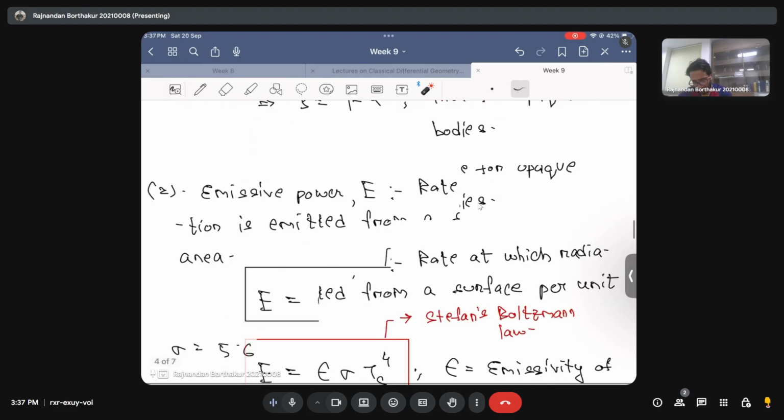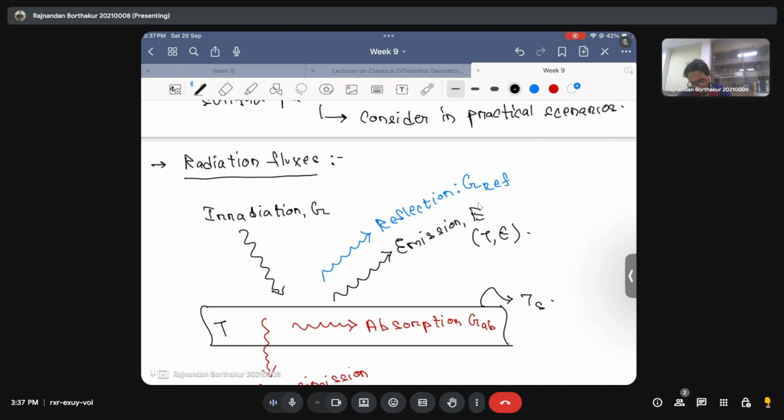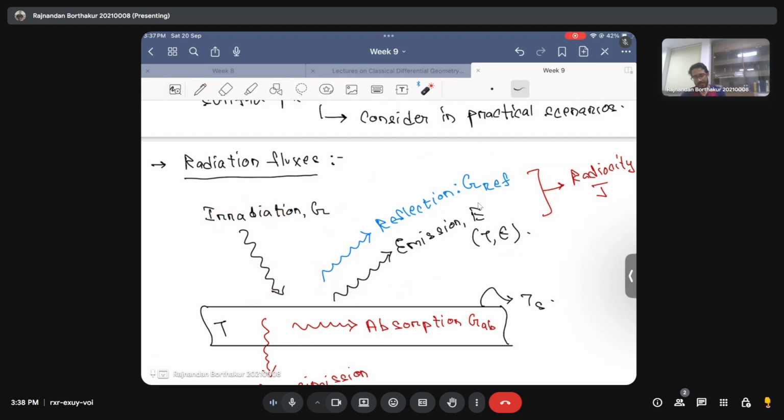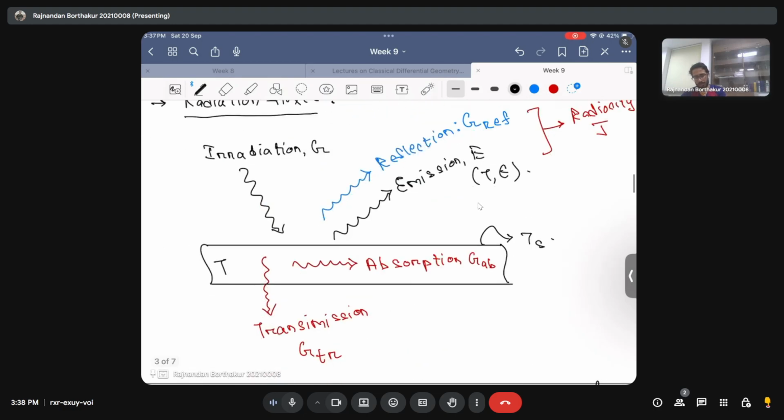I hope you can understand this from the figure as well, because these two combine to give you the radiosity, J. So if you ask what the net radiation exchange is, it is just J minus the irradiation, the net flux that goes out from this body. That's simple, and you can infer it just by using simple mathematics.